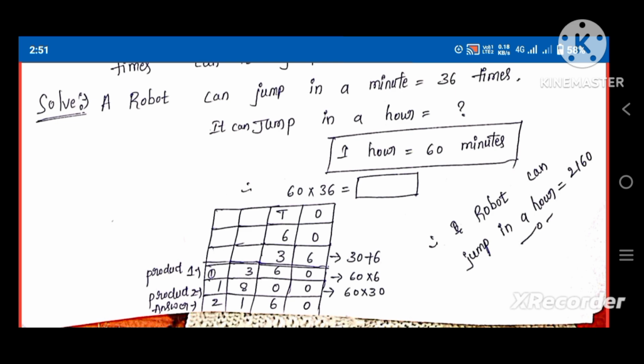A robot can jump in an hour is equal to 2160.